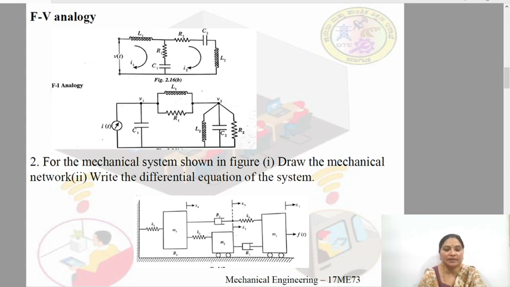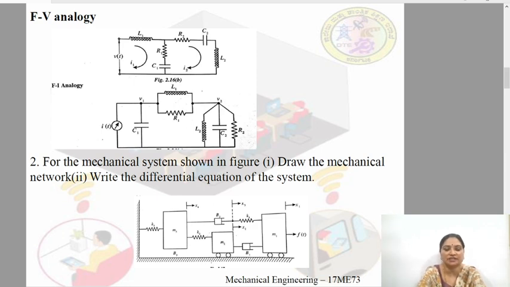Now, in a similar case, we will consider one more numerical problem. The statement of the problem goes like this. For the mechanical system shown in the figure, first, draw the mechanical network. Second, write the differential equation of the system.